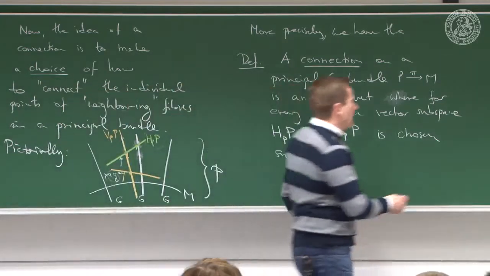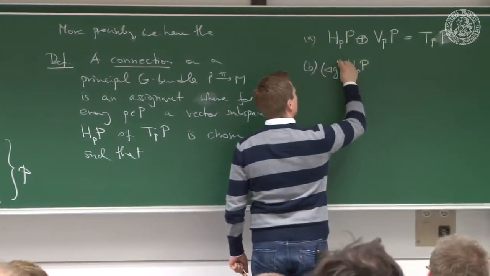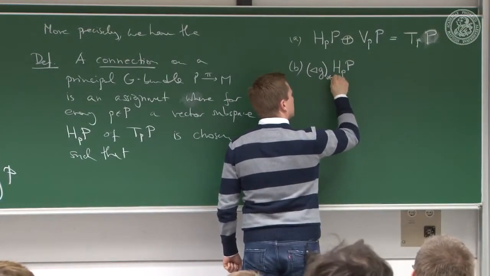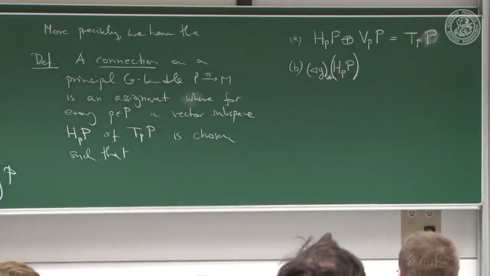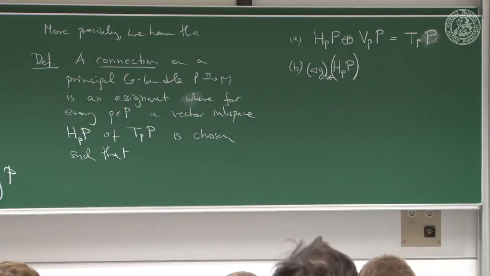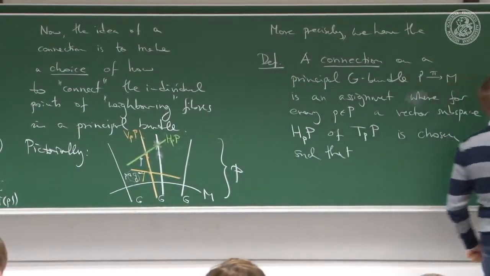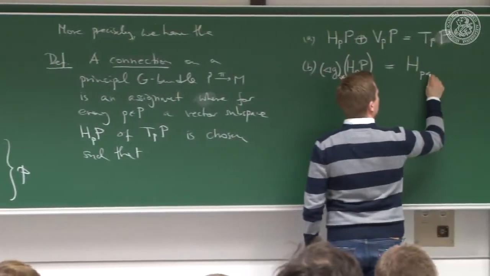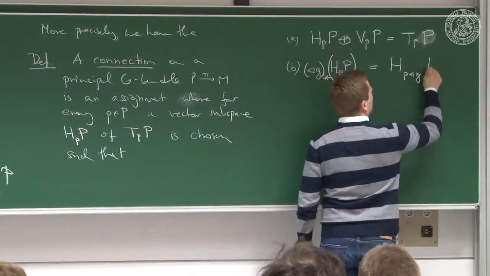Okay? So I take the right action of this group element G, and then I take the push forward of this, and the requirement is the push forward of any element in here, of the entire space here, should map to the entire space here. So the requirement is that this be the horizontal space at the point P acted upon from the right by G, P.